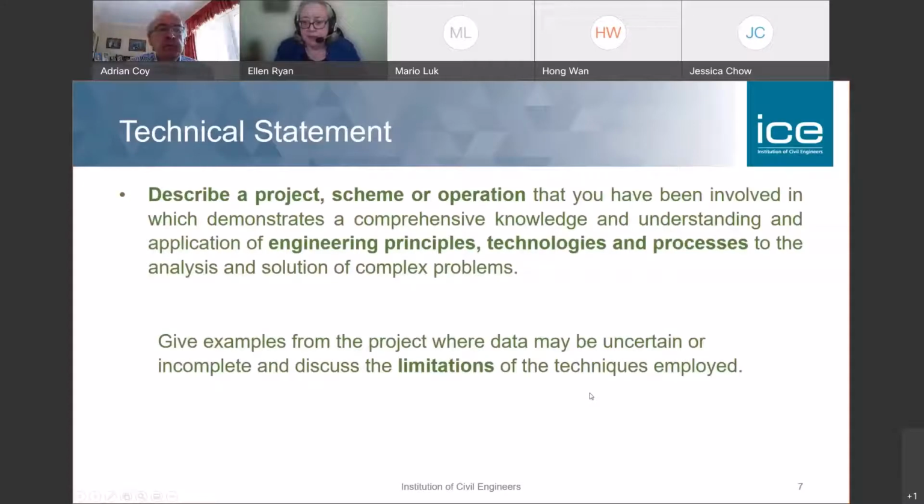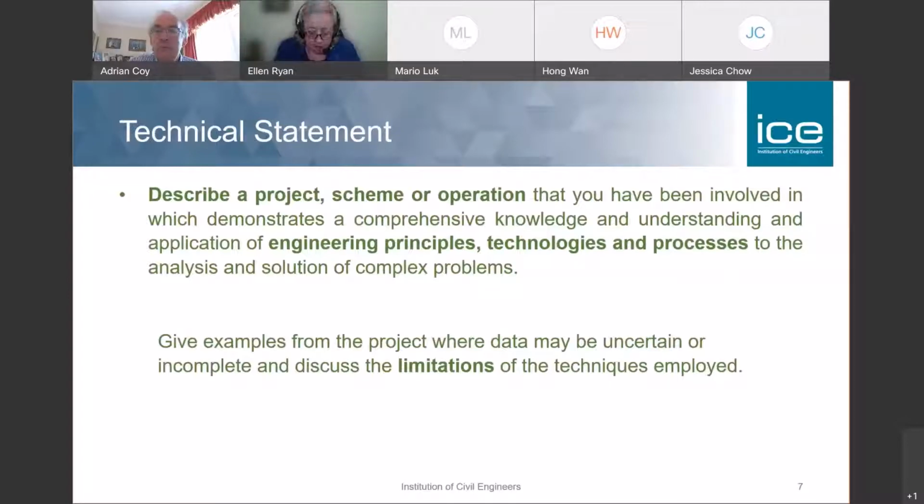This is the technical statement. I'm including it here just to allow you to see what it looks like, to read it. It will be included in the guidance document that we will send. We're developing it for the Hong Kong pilot candidates, but also going forward for all candidates sitting the further learning exam.